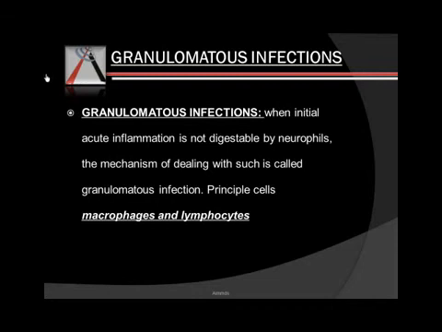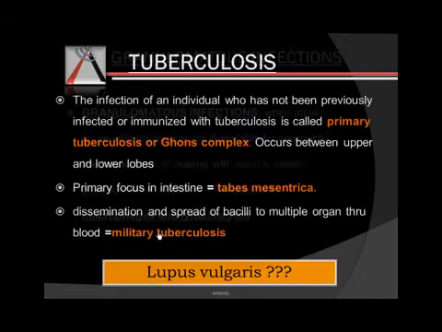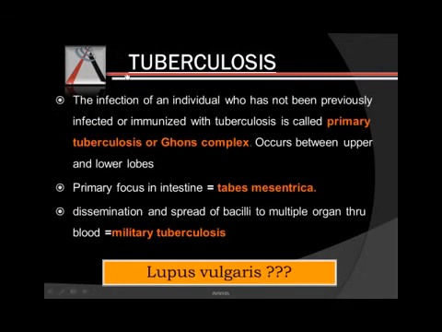Next we talk about granulomatous inflammation. When an initial acute inflammation is not digestible by neutrophils, the mechanism that deals with such a scenario is called granulomatous inflammation. And the principal cells of granulomatous inflammation are macrophages and lymphocytes. We'll see a few important granulomatous diseases.